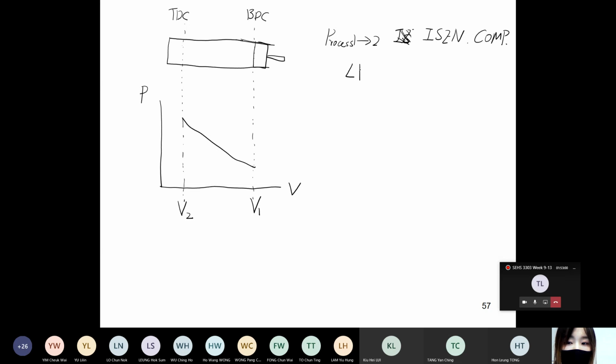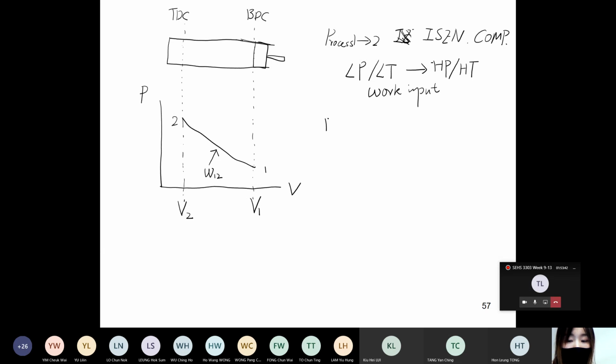The low pressure and low temperature air is compressed to high temperature and high pressure by giving a work input, right? So from 1 to 2, it's isentropic, so there is no heat. What we should do is give a work input to compress our air.